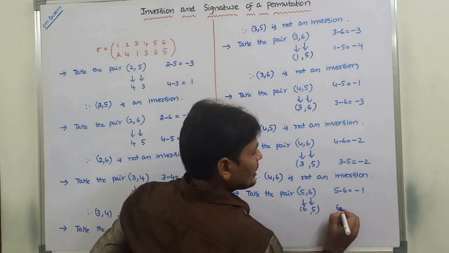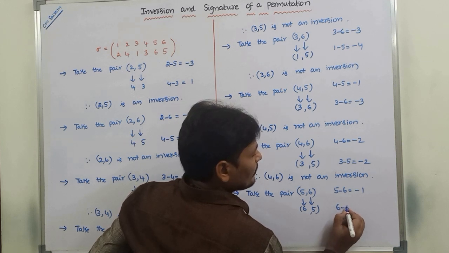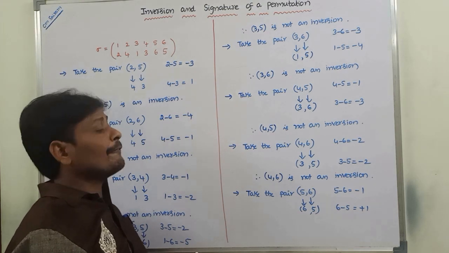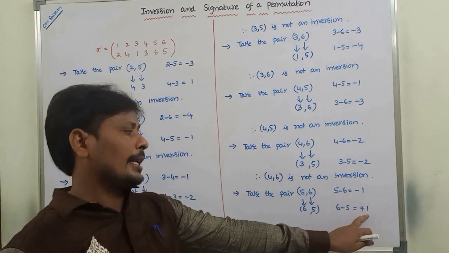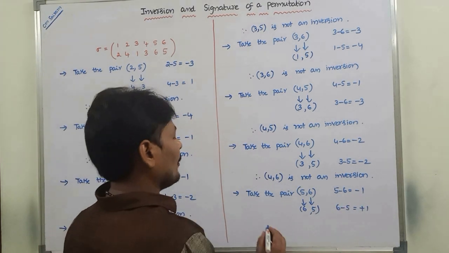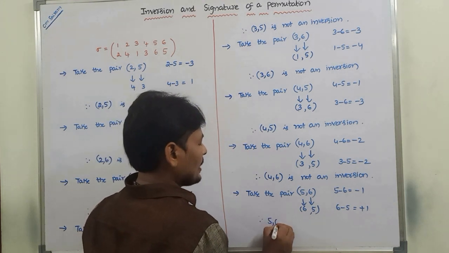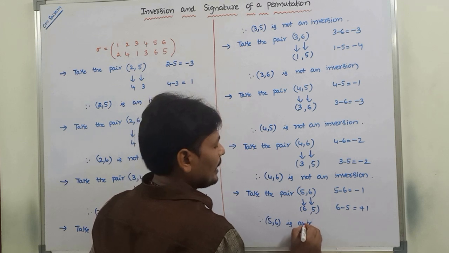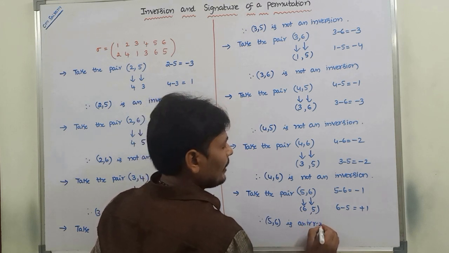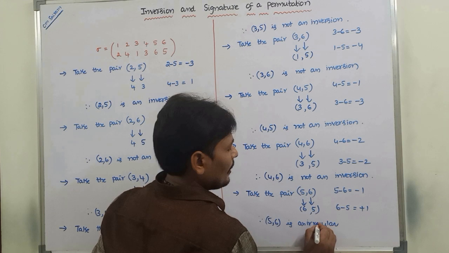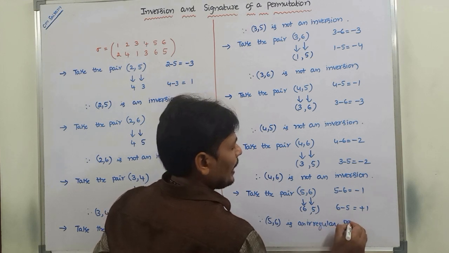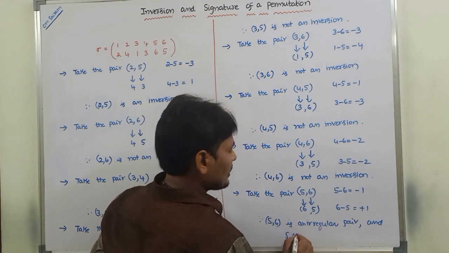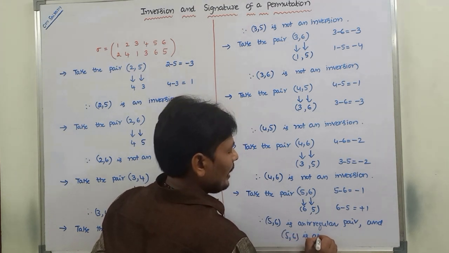The difference between 6 and 5 is 6 minus 5 is equal to plus 1. Both are containing the different results. Here positive result, here negative result. So therefore 5 comma 6 is an irregular pair, and 5 comma 6 is an inversion.